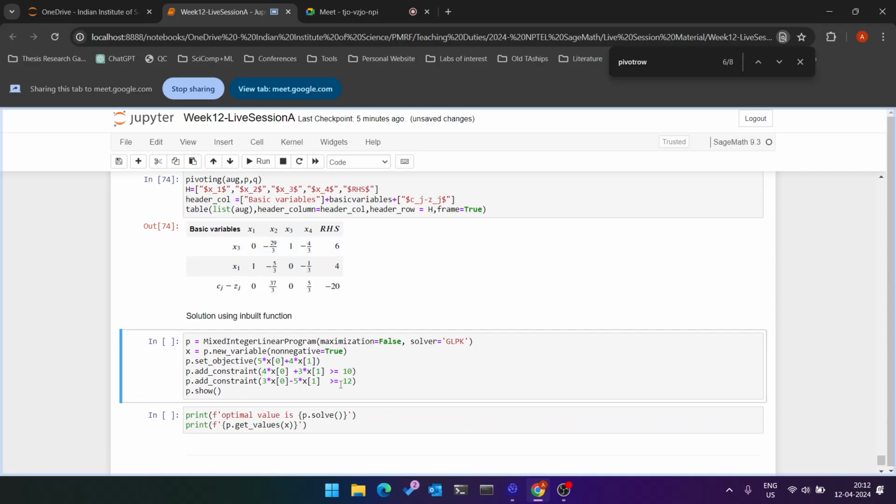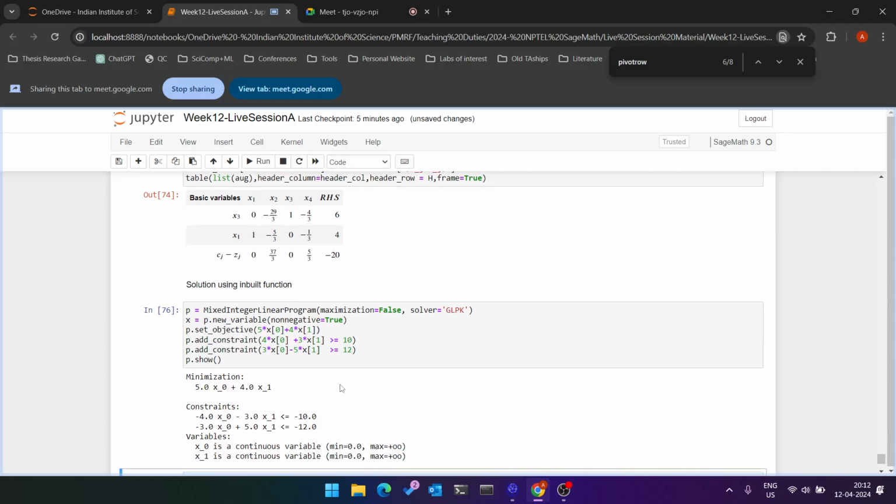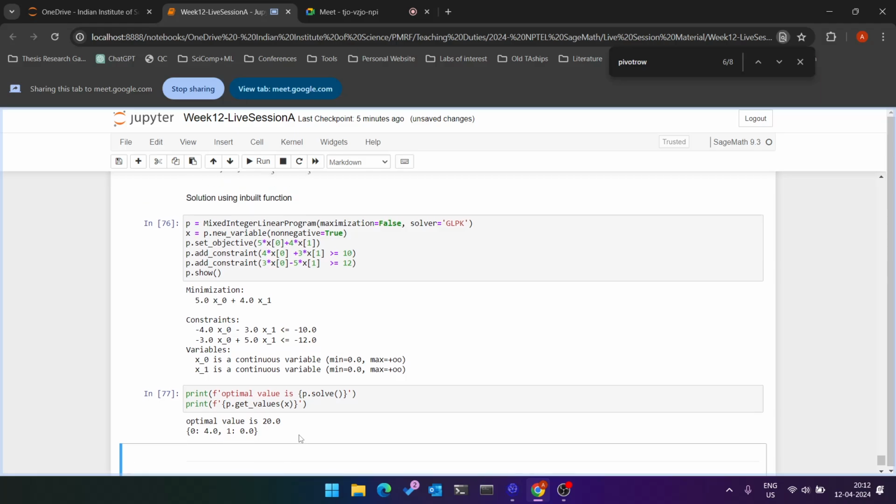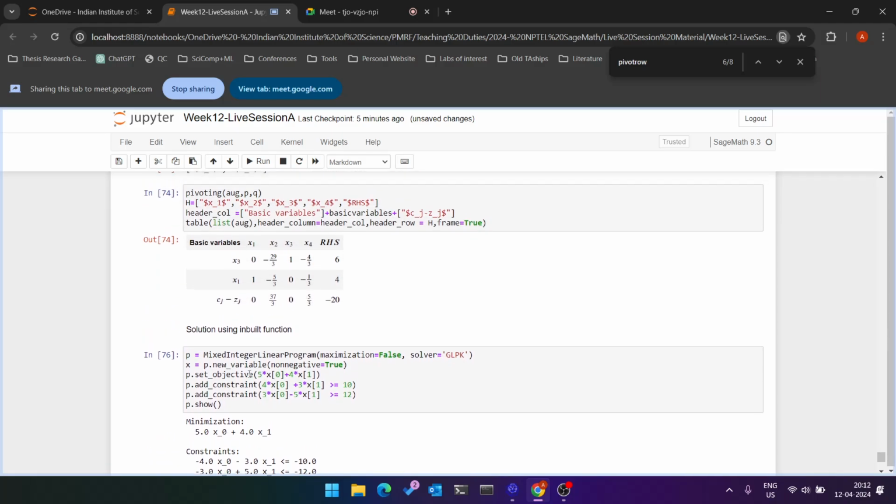If I use the inbuilt function, the mixed integer linear program where I minimize using the GLPK solver, I set my objective function, I write down my constraints, and if I now solve this, I see that my optimal solution turns out to be 20 for x1 equal to 4 and x2 equal to 0.